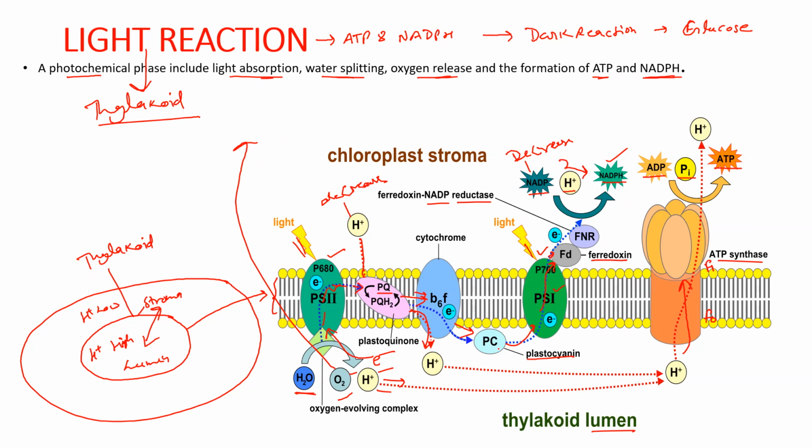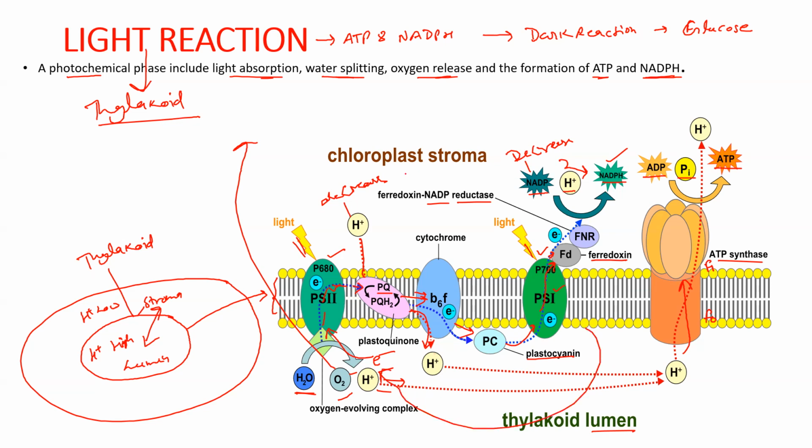Now, in this process, you can see that both PS2 and PS1 are involved. Also, the electron which is transferring from PS2 through the redox chain or electron transport chain is not coming back to PS2.